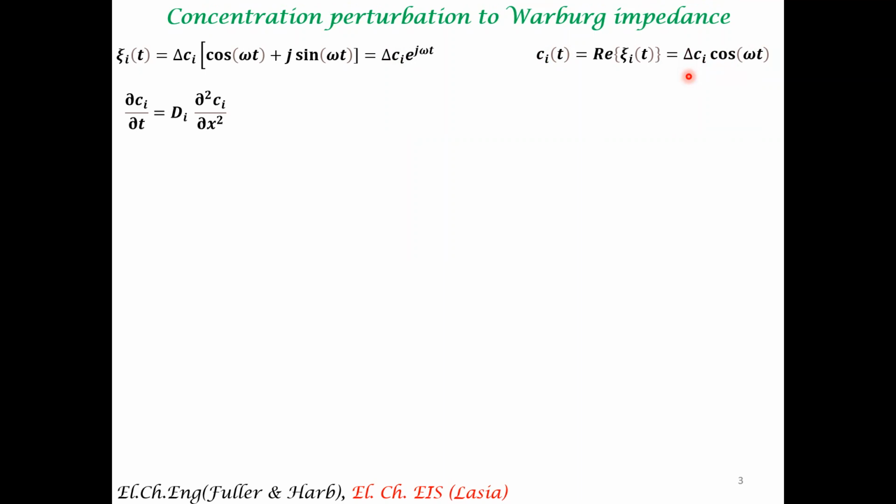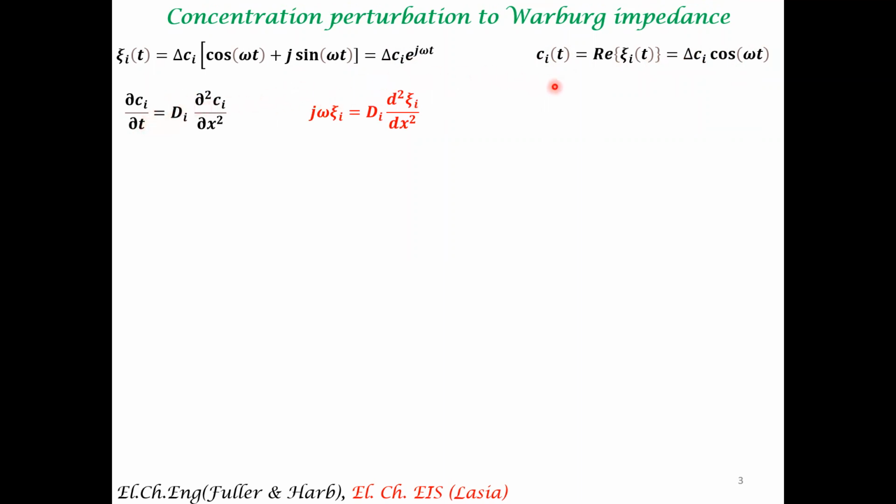So the relevant equation for these systems is this equation in the absence of migration and convection. So if we want to solve this, we take into account this periodic variation and substitute in this equation.